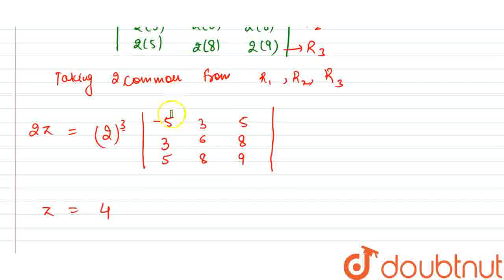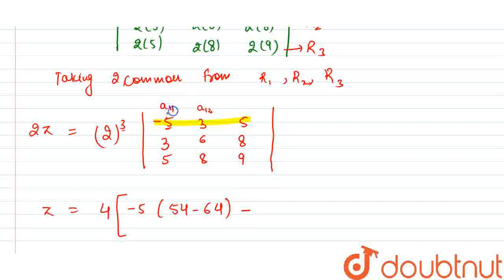Let us expand this determinant along row 1. Along row 1, the first element is minus 5 as it is, with the product of the elements 6 into 9, 54, minus 8 times 8, 64. So we will write here 54 minus 8 times 8, 64. Now this is for the first element. For the second element, minus 3 as it is, A12, so this will give a minus term.